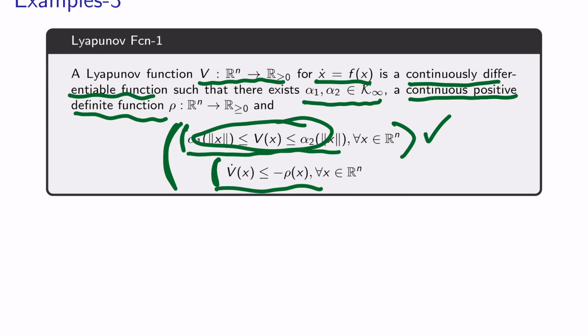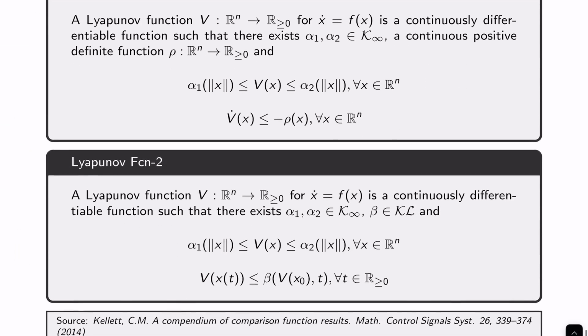It basically tells us it needs to be positive, plus it needs to be well behaved, right? And since this is K infinity, this also has some radial boundedness property in it.